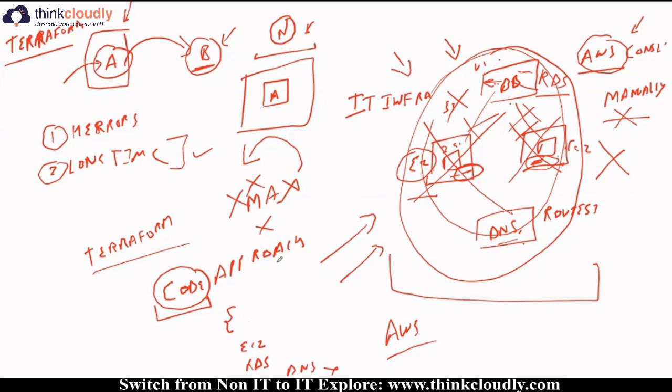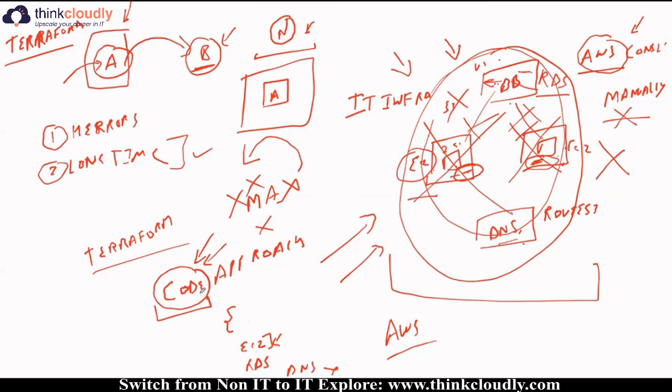Now, when you want to make a change in the infrastructure, you will not touch the infrastructure manually. You will make the small change in the code and apply the changes. Automatically, those changes will be made in the infrastructure. So the complete infrastructure you will control with the help of code.